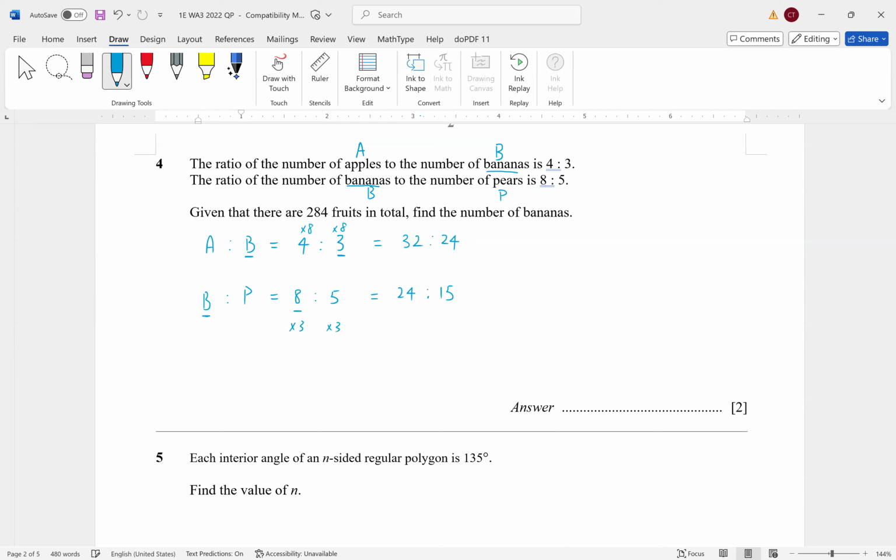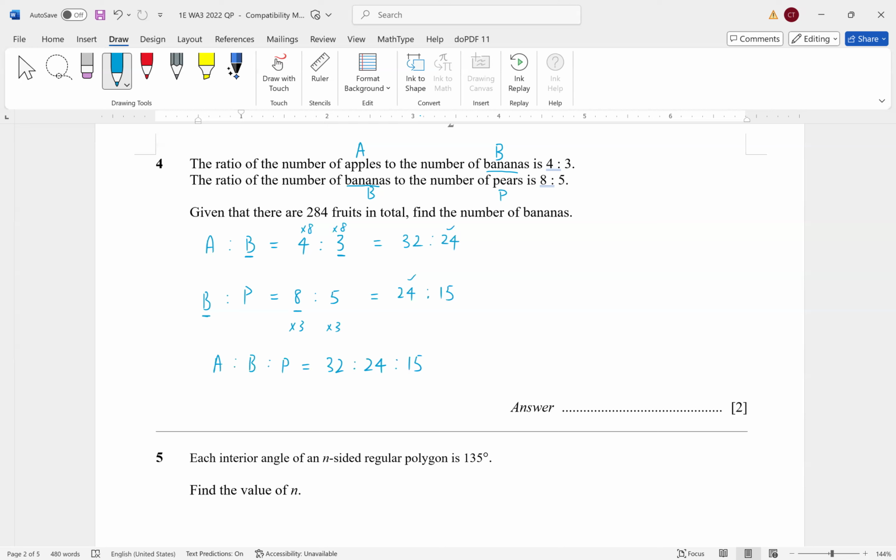Once these 2 are the same already, see, they are the same now, you can combine the 3 ratios together. So A is to B is to P will now be 32:24:15. Then from here they told us that there are 284 fruits in total. Find the number of bananas.